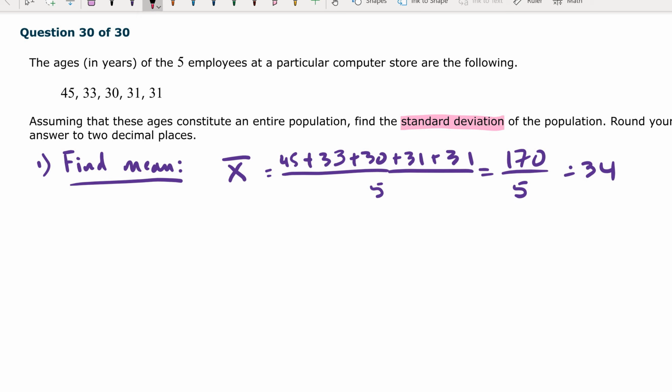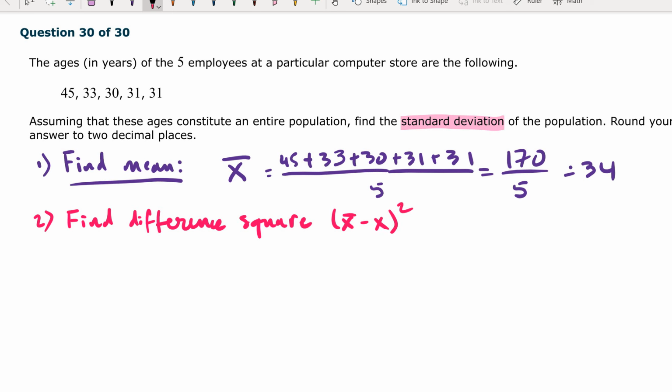Step 2, we find the squared differences. Take the mean that you found earlier, subtract each element one by one from it, and then square them. It looks complicated, but it's really easy.